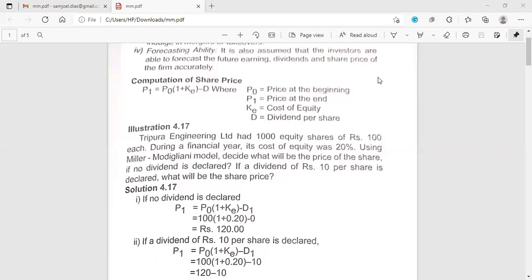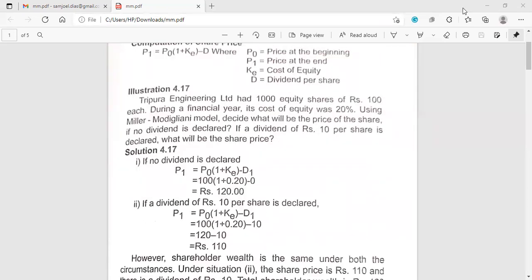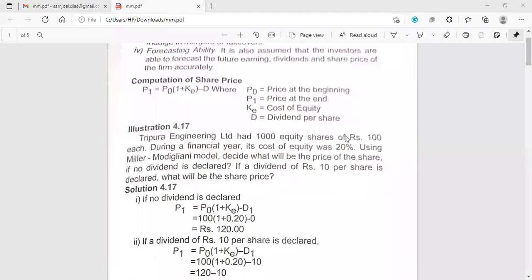So the bottom line is this. Under the dividend irrelevance model, whatever amount of dividend may be issued by the company will not have any impact over the market price.